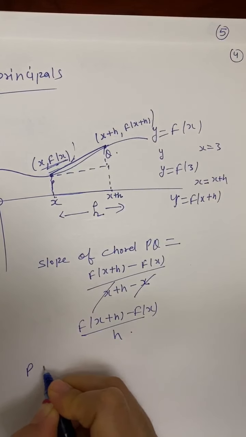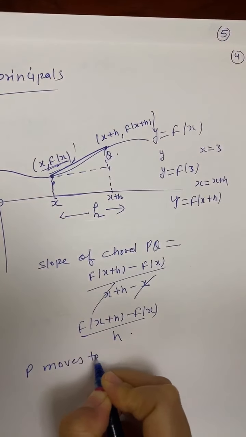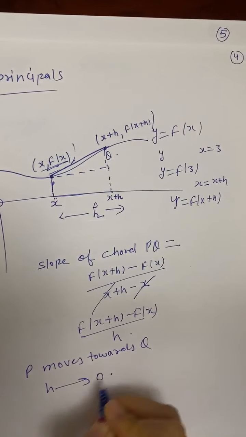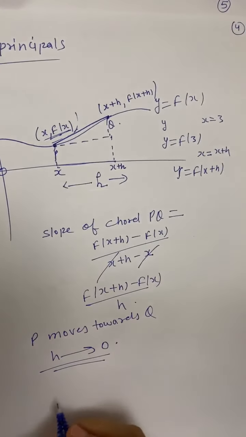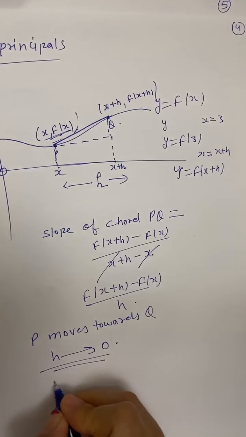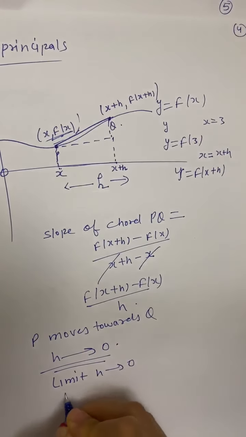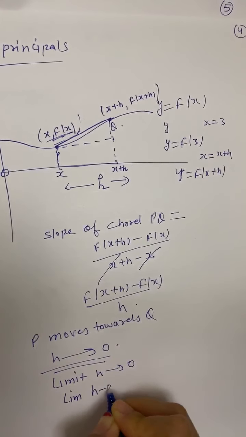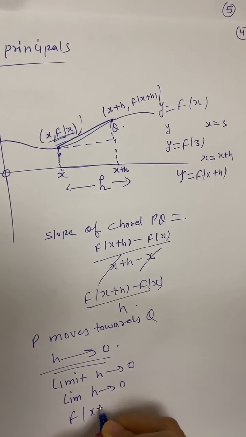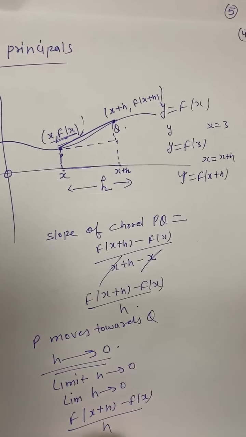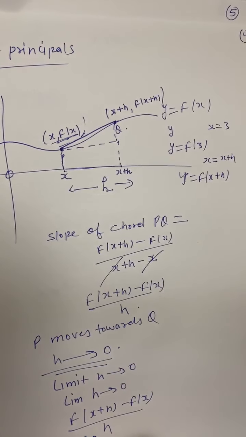So when P moves towards Q, h approaches 0, and we write this as limit h approaches 0. So lim is the short notation, and then you get f of x plus h minus f of x divided by h, lim h approaches 0.